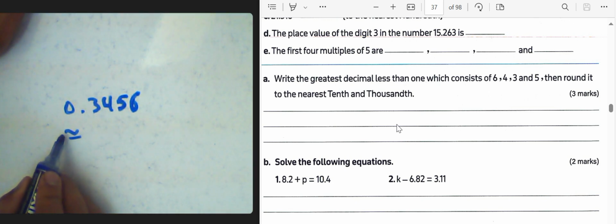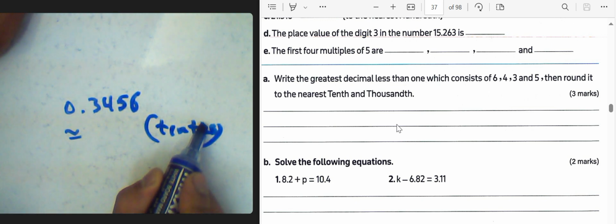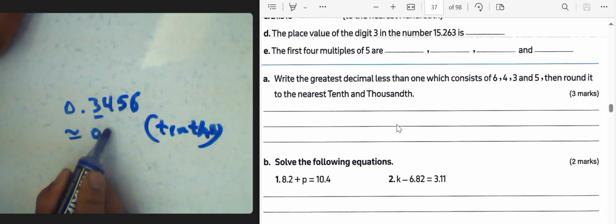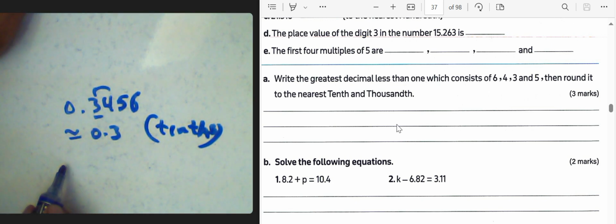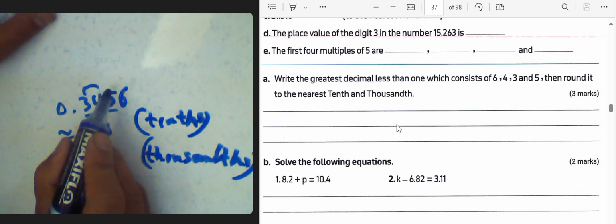You can write here 4, 5, and 6. Approximated to the nearest tenth, it will be 0.3 because 4 can't give 1. To the nearest thousandth, 6 gives 1, so the result will be 0.346.